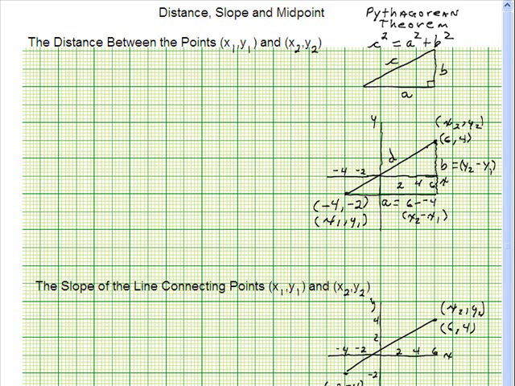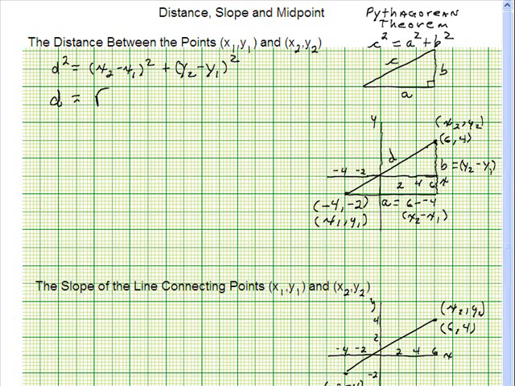Now, given that side A is x2 minus x1 and side B is y2 minus y1, then using the Pythagorean theorem, I can write that d squared, now make sure you use squareds here, is a squared, which is x2 minus x1 squared, plus b squared, which is y2 minus y1 squared. So that if I want to get d, I'll just take square roots.